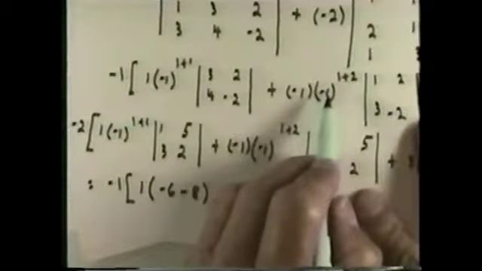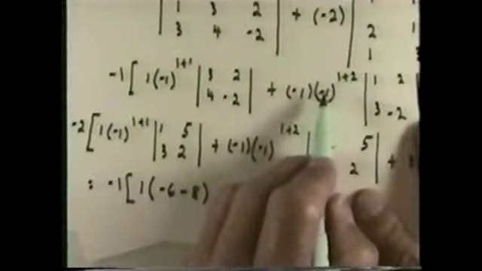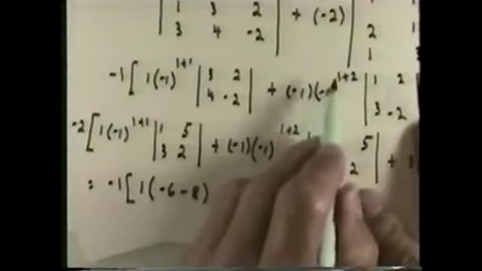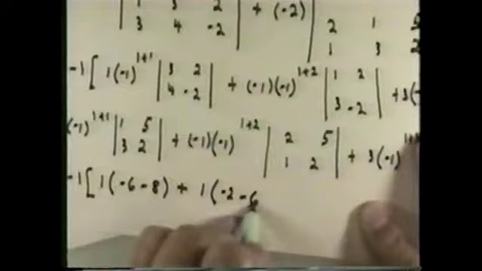Plus a negative 1 to the 1 plus 2, which is negative 1 to the third, is negative. Negative times negative is positive, so that would be 1 times 1 times negative 2 is negative 2, subtract 6.